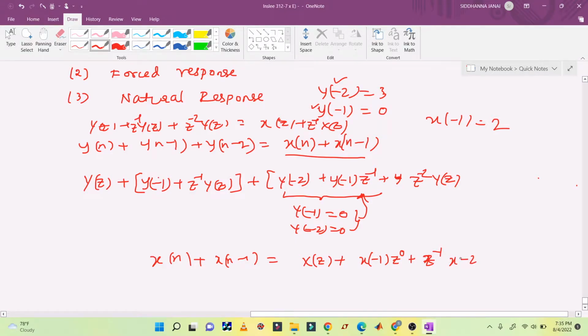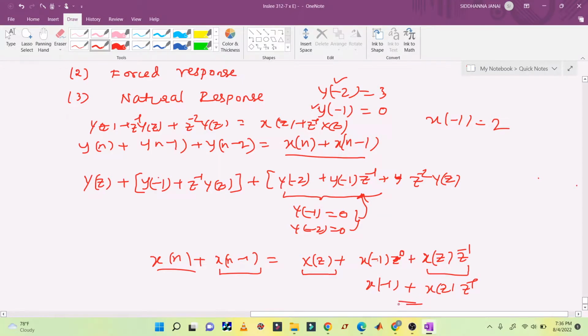So the Z transform of x of n minus 1 is x of minus 1 plus x of z inverse.